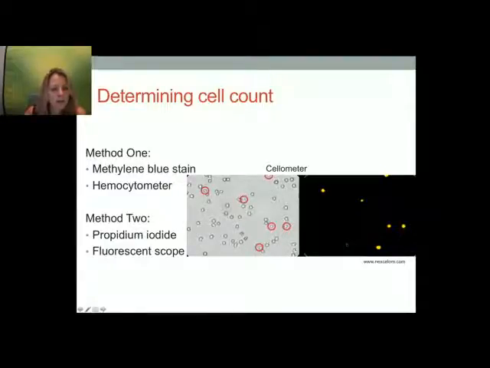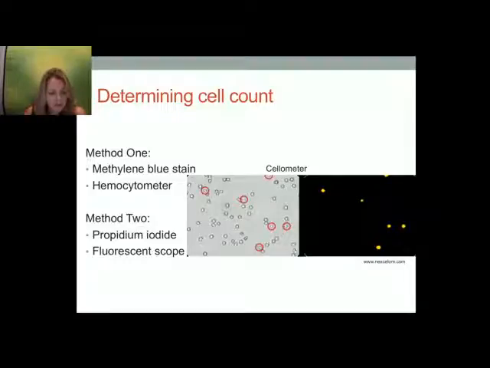Then you use a fluorescent scope, a very specific instrument that allows you to see fluorescence. Here you can see all of the cells that are fluorescing are dead, and they're equivalent to the ones that are circled here in red. In combination, propidium iodide and a fluorescent scope can give you a very accurate viability count.